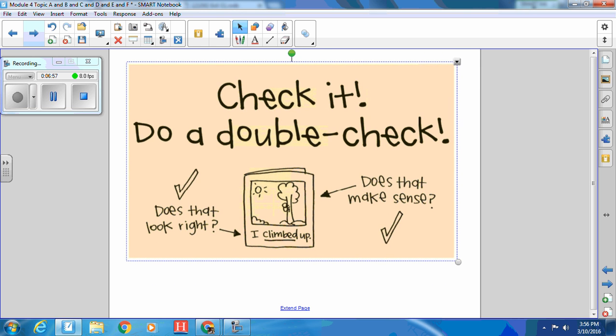To this point, it's called a double check. If I get really stuck on a word, I look at the picture. Does it make sense with what's going on in my story? Does it make sense with what's going on in the picture? I need a word that I can put in there that should go with the story. Then I look at the word. Does it look right?